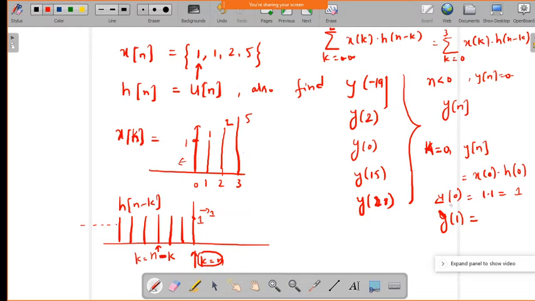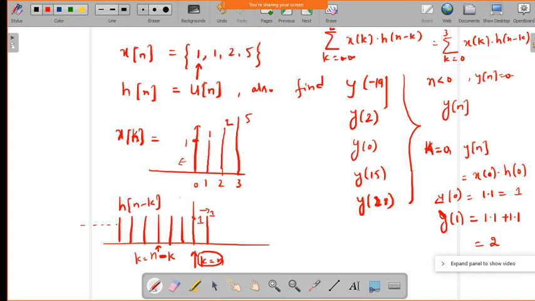Now when k equal to 1, it is h of n minus 1, the sample shifted by 1 unit. So we will get two samples, that is the convolution is 1 into 1 plus 1 into 1, which is equal to 2.